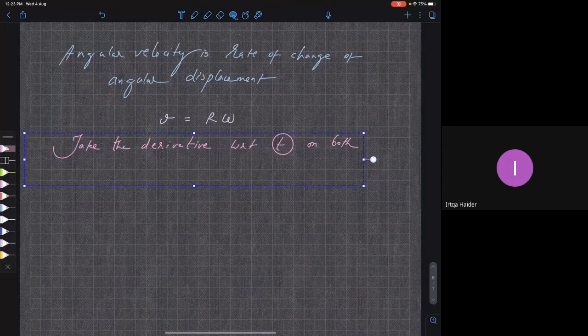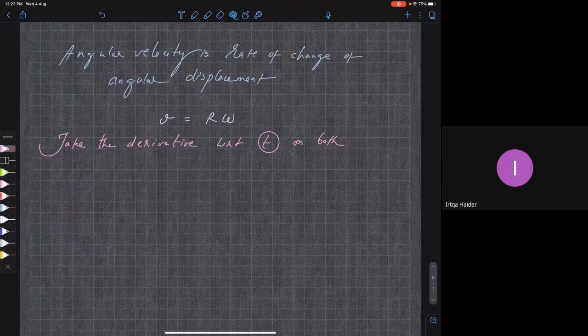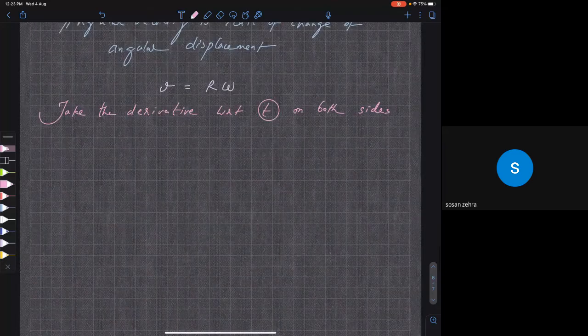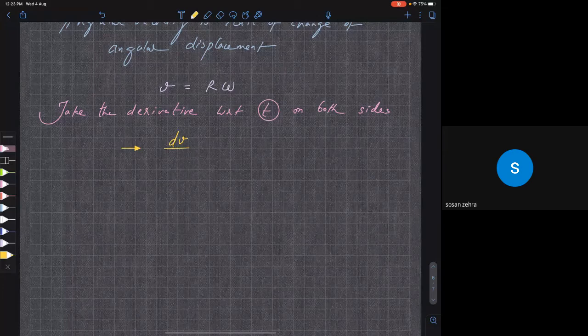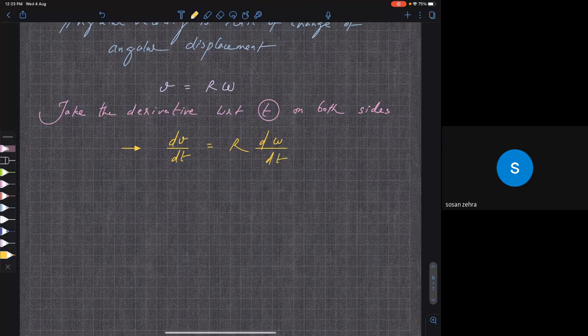Tell me. So first tell the expression. dv by dt equals d r omega by dt. r is a constant, right? Even if the particle is moving on a circle, r doesn't change. So r will come outside into d omega by dt. Clear?